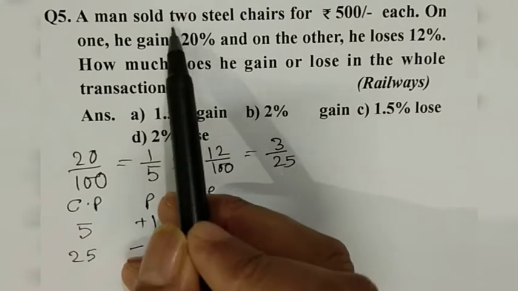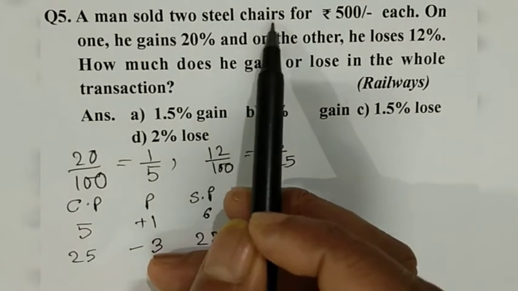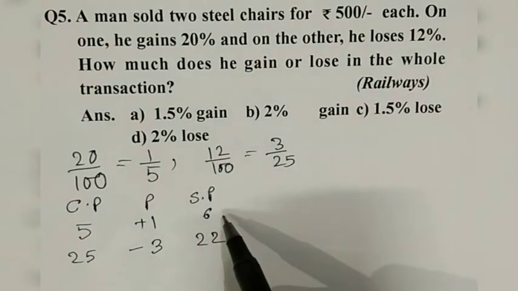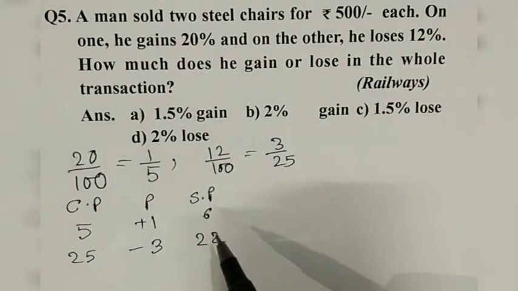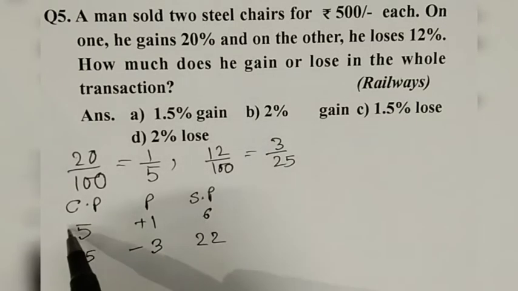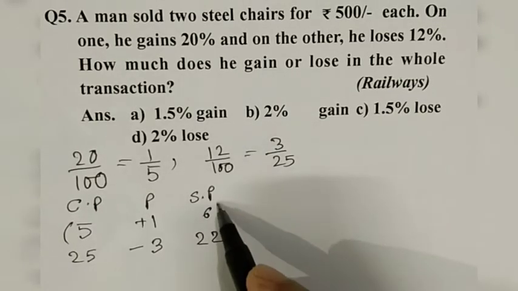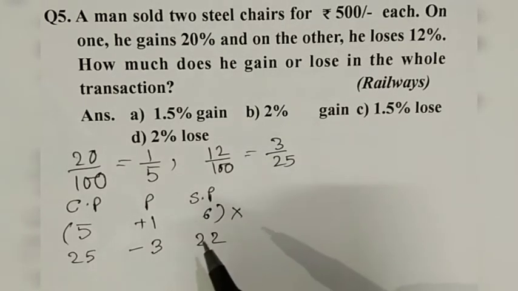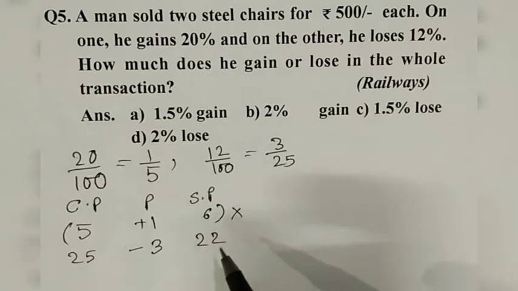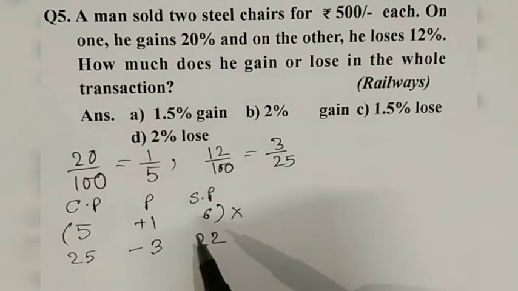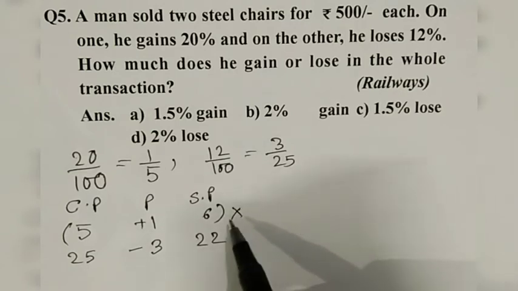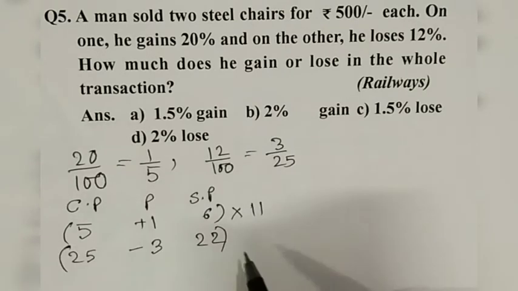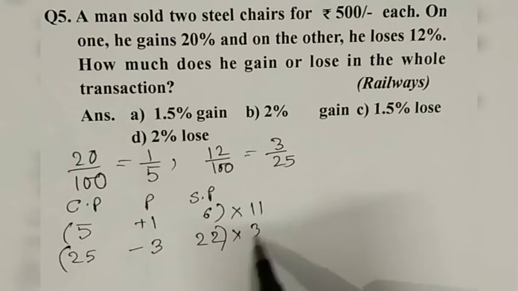a man sold 2 steel chairs for rupees 500 each. Selling price wants to be the same, but here it is different. So I will multiply by the LCM of 6 and 22, which is 66. So I will multiply the whole first by 11 and the second by 3.